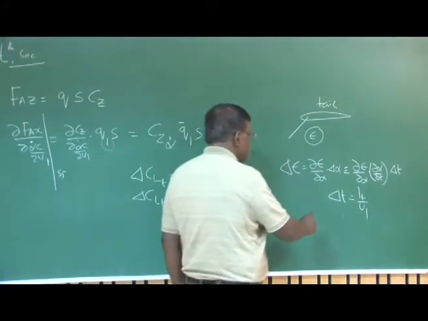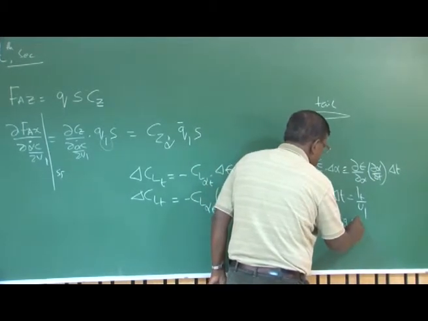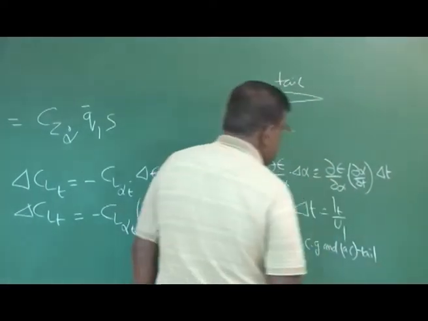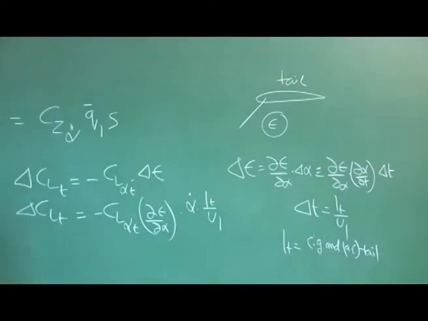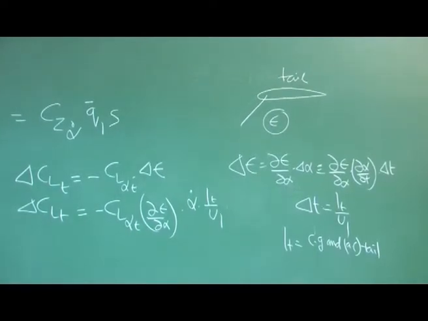This LT is the distance between the CG and the AC of the tail, and since the CG of the airplane and the AC of the wing are fairly close, this approximation is also not bad.